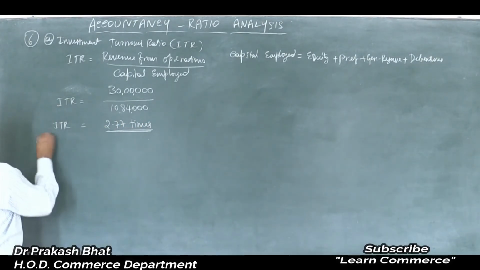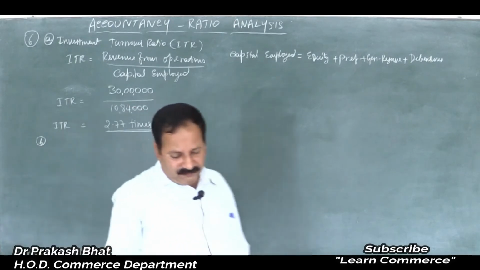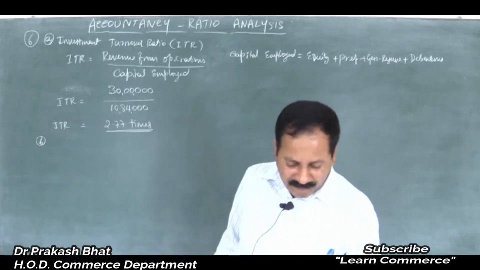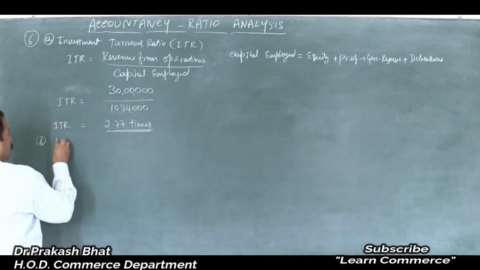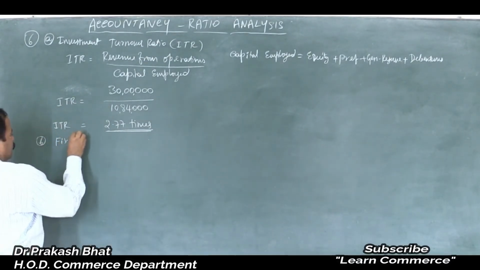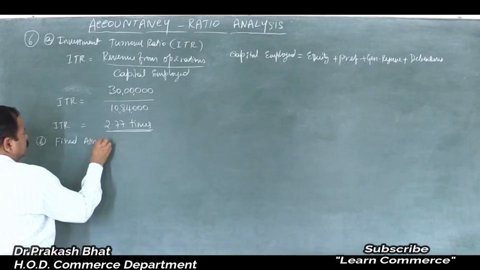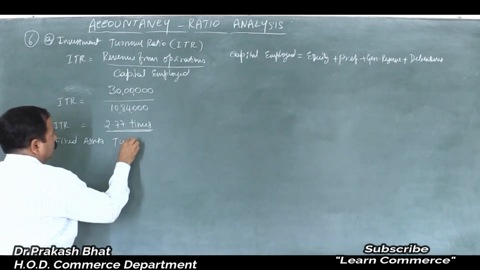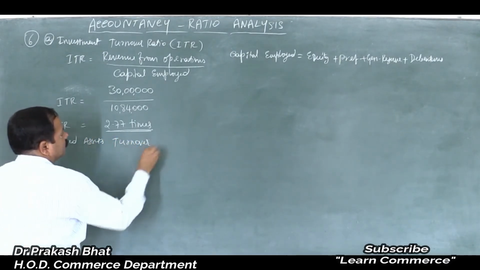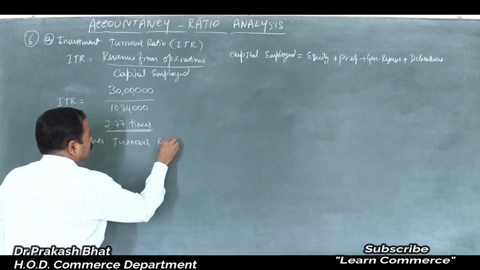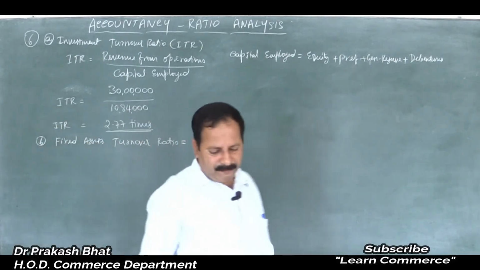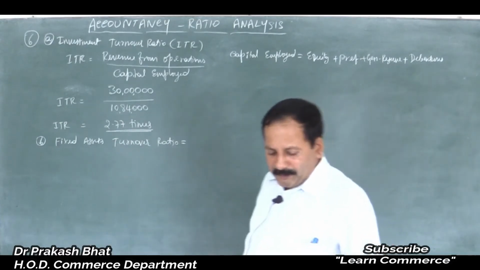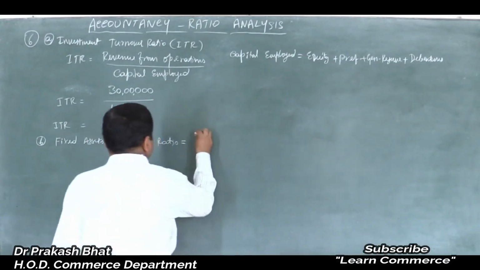Now, let me move on to the second ratio. That is, second ratio is fixed assets turnover ratio, right? Fixed assets turnover ratio is equal to, write the formula first. Net revenue from operation divided by net fixed assets.